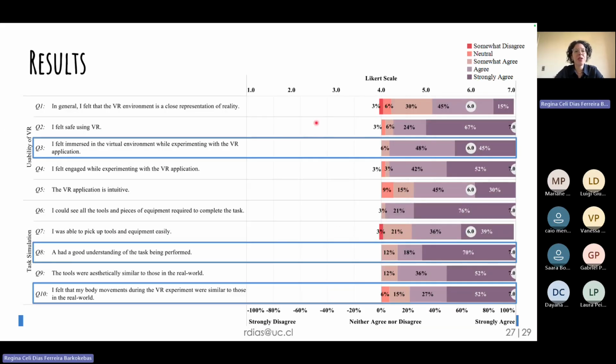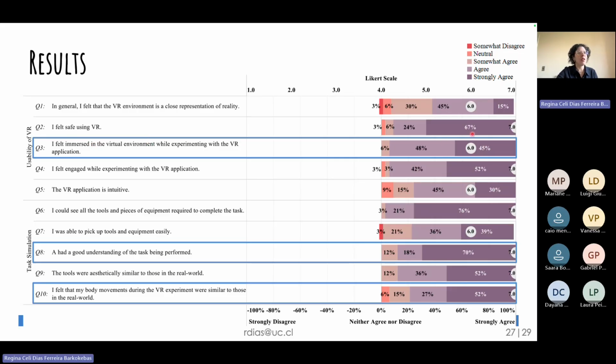And as I mentioned, I do love to ask questions after experiments. Some of the questions that I'm really interested in are the ones highlighted here. I will just turn this way because I can see bigger. Question 3 says: I felt immersed in the virtual environment while experimenting with the VR application.